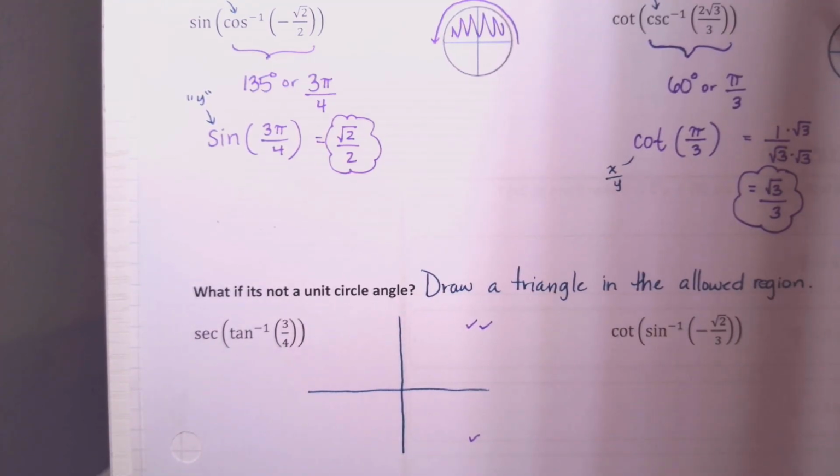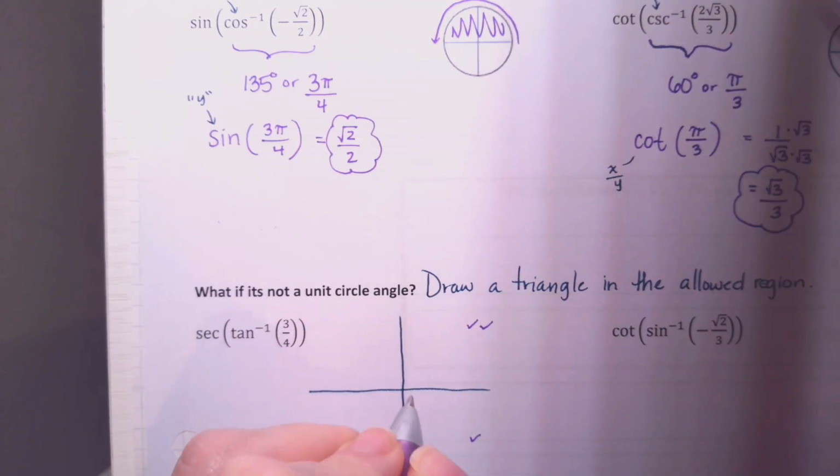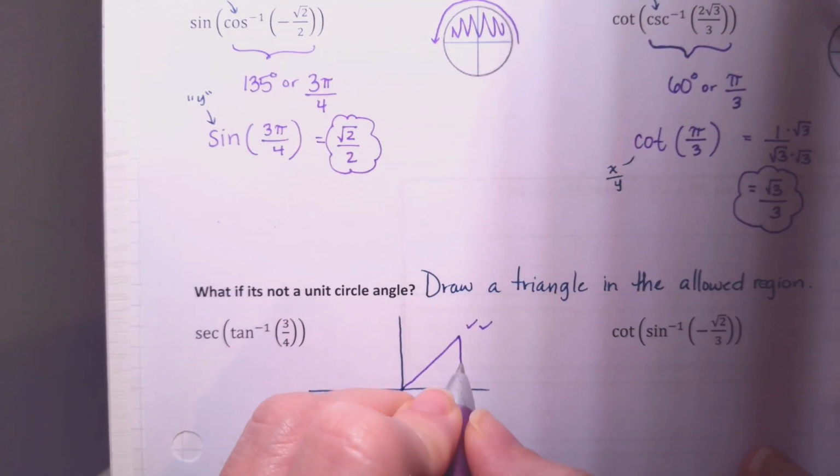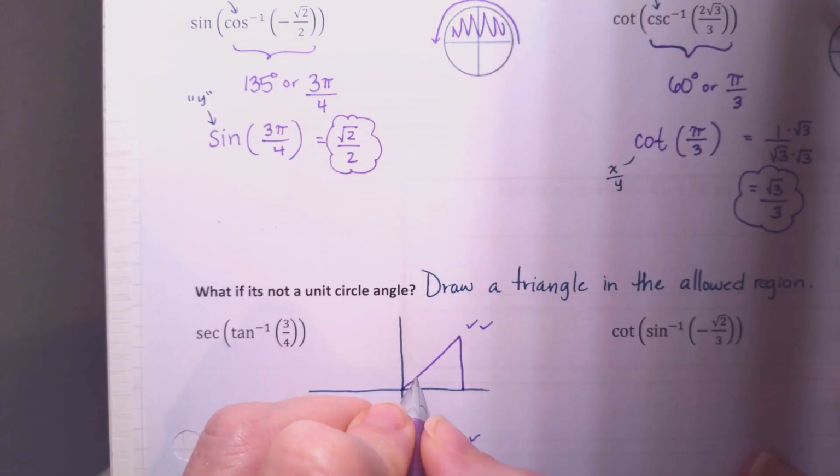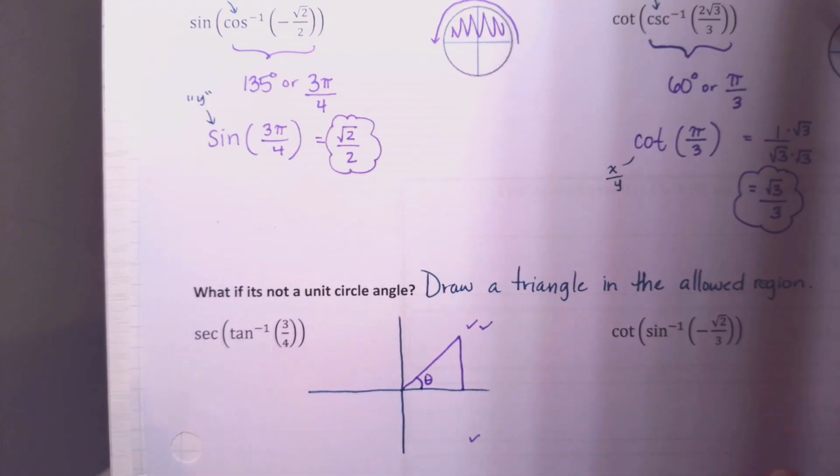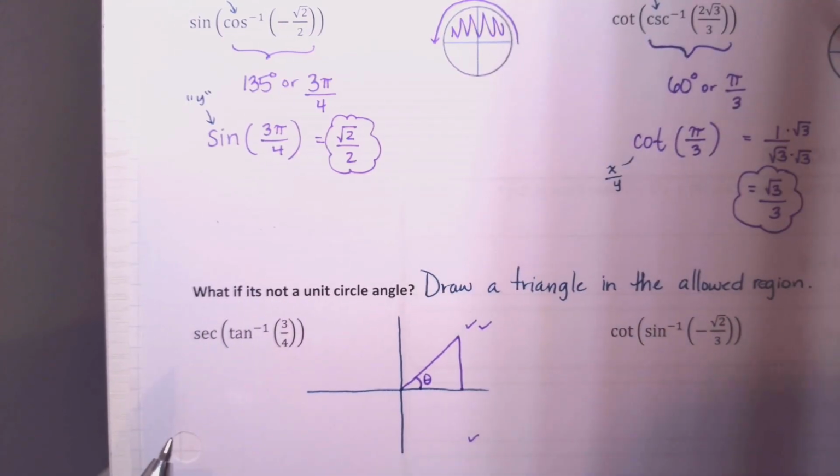So I'm going to draw myself a reference triangle, and remember, a reference triangle always connects back to the x-axis, and then you'd have a reference angle that pairs with the x-axis. When you're given a tangent value, you're actually given some side lengths. If we go way back to the very first day we learned about trig ratios, we learned the old SOHCAHTOA.